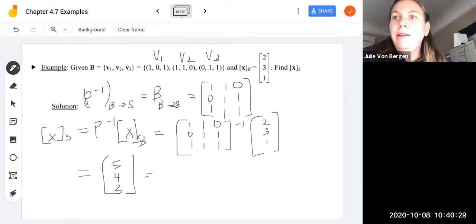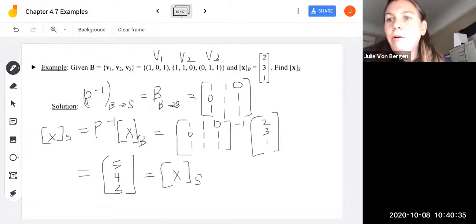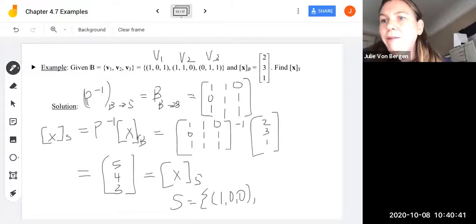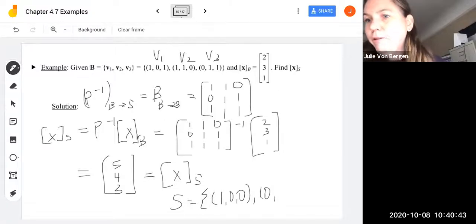So this is our X sub S, our coefficients for the standard basis, where remember S is the standard basis for R3: 1, 0, 0, 0, 1, 0, and 0, 0, 1 here.